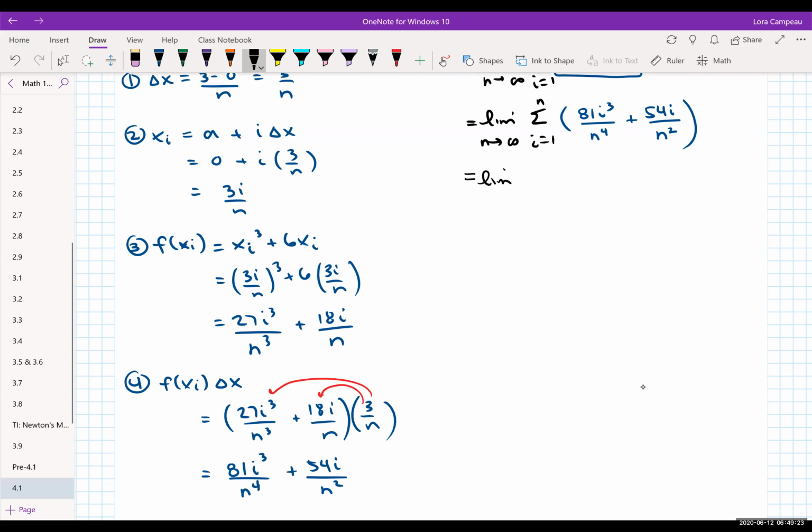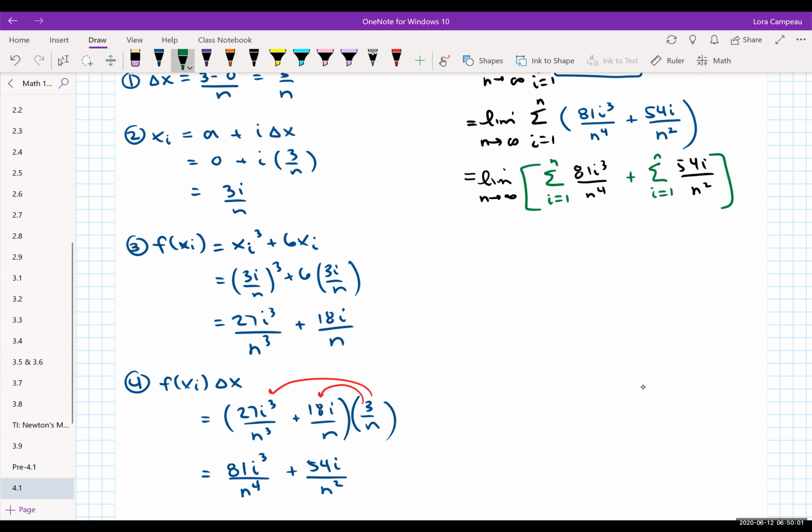I have the limit as n approaches infinity, and I can now separate: the summation from i equals 1 to n of 81i cubed over n to the 4th, plus a different summation from i equals 1 to n of 54i over n squared. Close the limit.